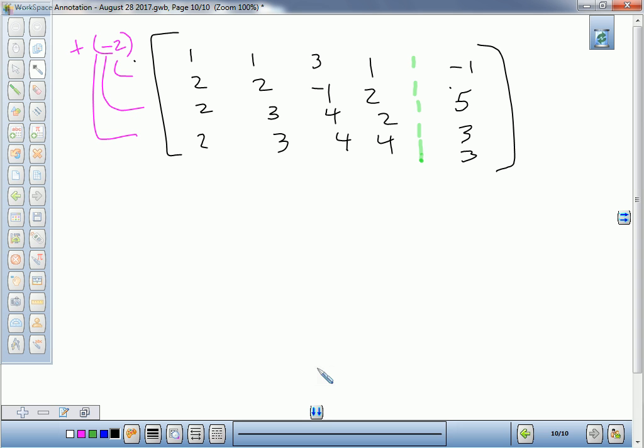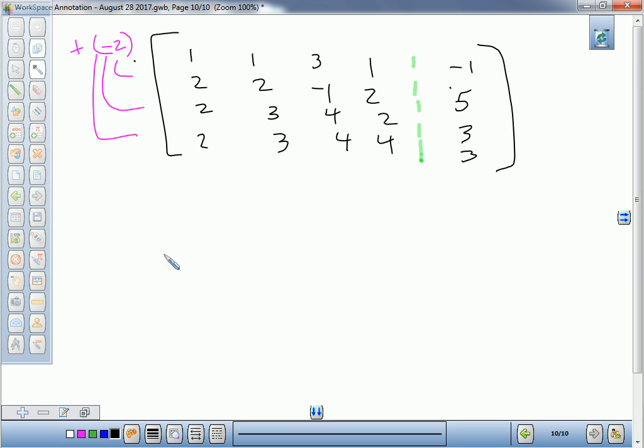Can we do it at once? You know which row to use, because negative 3 times 0 would just be 0. So you have to use the 1. Okay, so when I multiply this by negative 2, what does that make happen here?